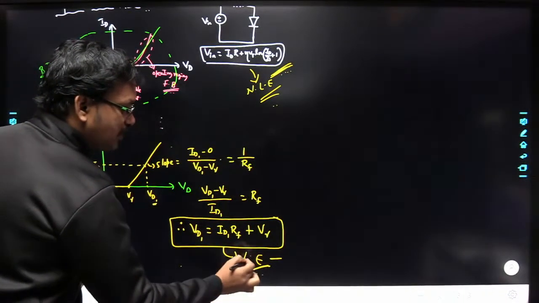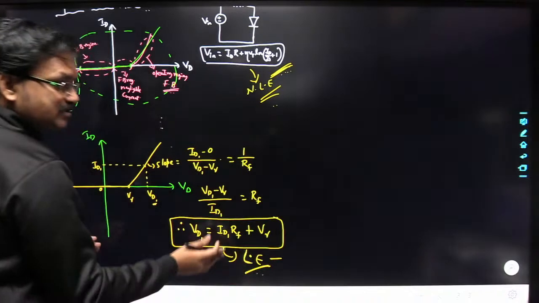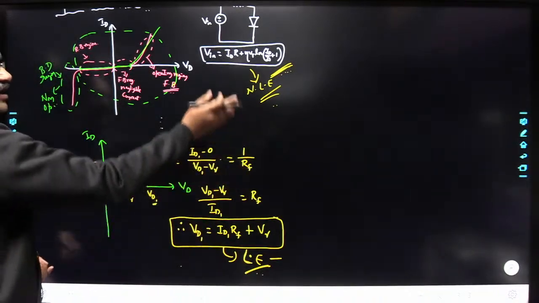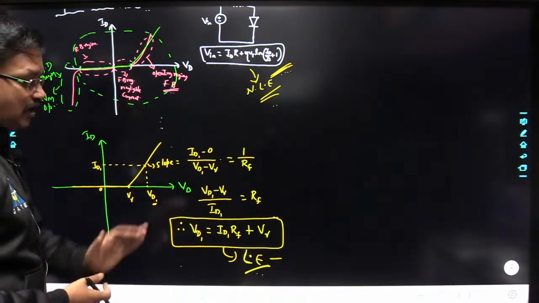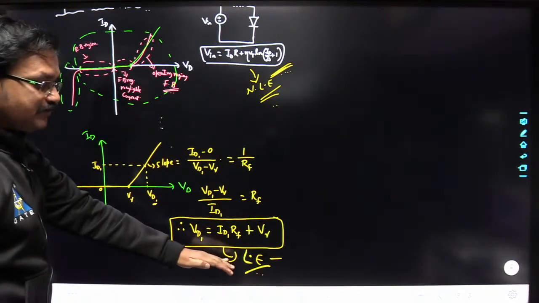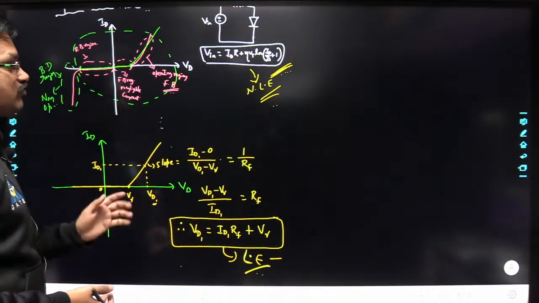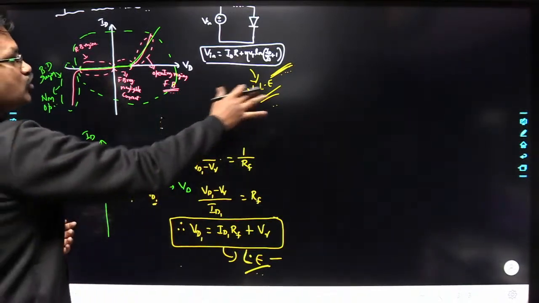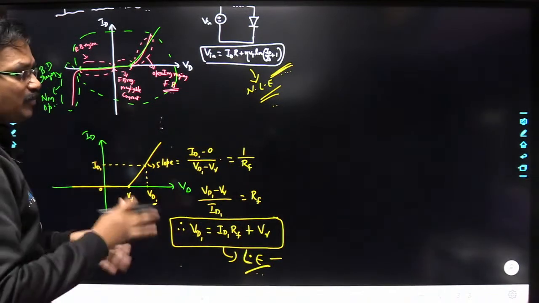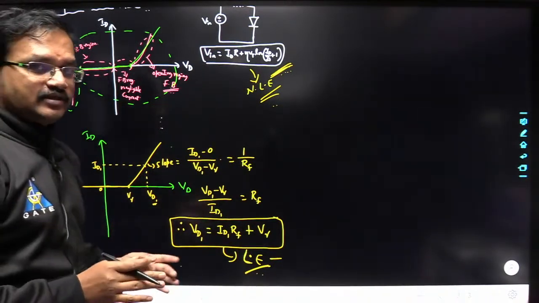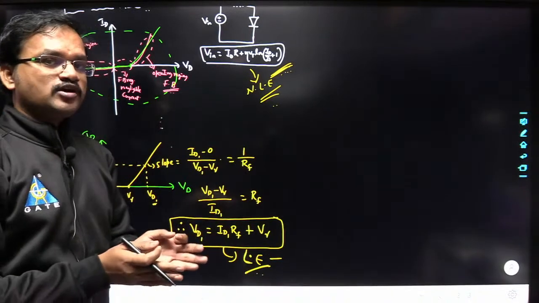So dealing with a linear equation is simpler than dealing with a non-linear equation. Instead of dealing with a non-linear equation, we can deal easily with a linear equation. See, the advantage here is, if you do the exact analysis or this approximate analysis, in both cases the results that we are getting are approximately the same.